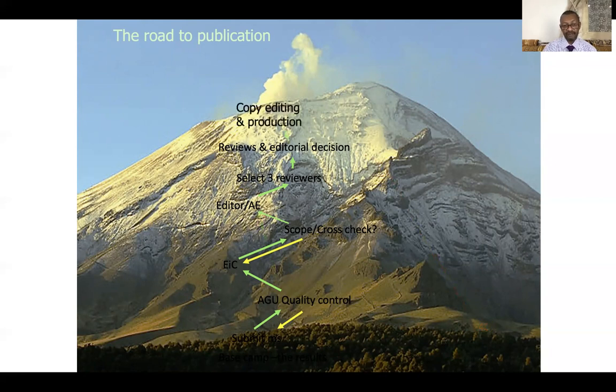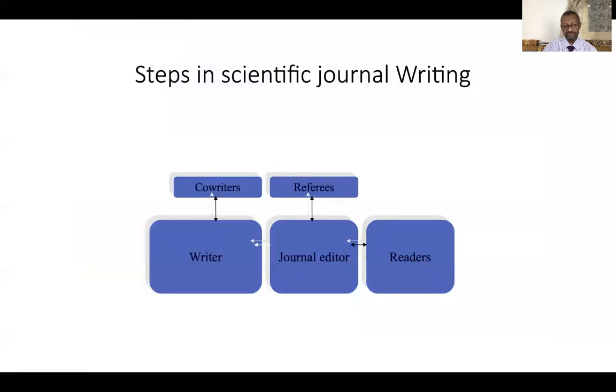Only copy editing, production, and publication remain for the 55% of the papers. So out of 100% of papers submitted to journals for possible publication, only 55% will be published, and the others will be rejected for various reasons.